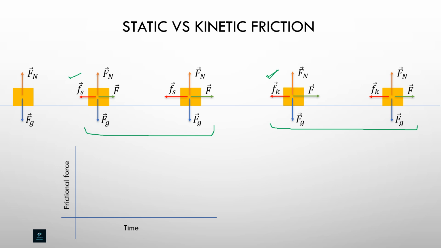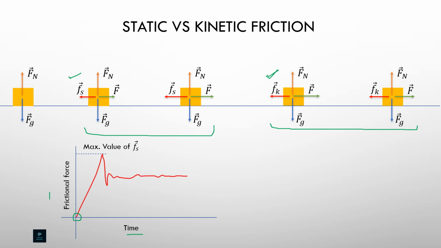We take time on the horizontal axis and frictional force on the vertical axis, and this is the variation of frictional force with time. When we are not applying any force to move the object, the frictional force is also zero. As we increase the applied force, frictional force also increases until it reaches a maximum value Fs.